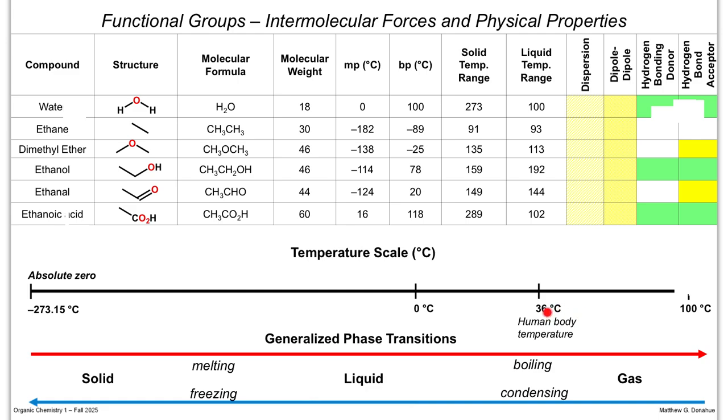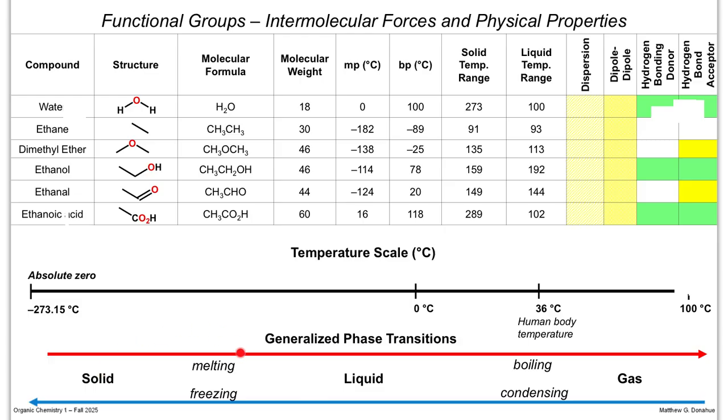The human body is 36. Room temp is about 25. And then below that, these arrows are to help you understand how to think about temperature. So starting from absolute 0, where there's no heat, you're adding heat, the arrow's red. So you're increasing in temperature.